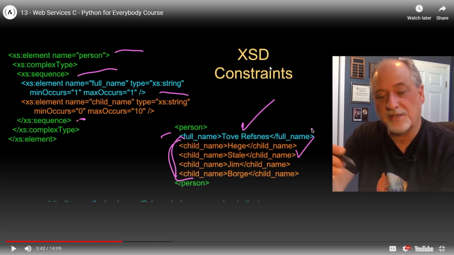I guess that's what we're calling them, as constraints. And so min occurs, max occurs. This only can occur one time in the blue. The element name, full name. So this full name can only occur once. Element name, child name, type string can occur 0 to 10 times. And so 4 is between 0 and 10. So that's cool. Okay, let's go to the next one.